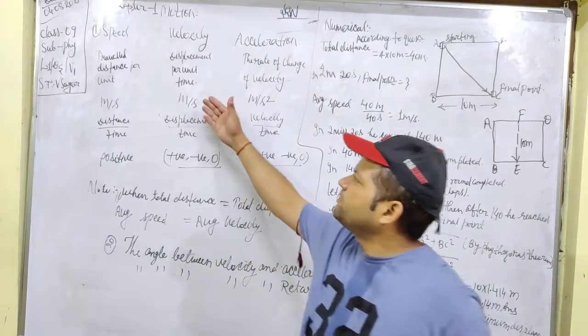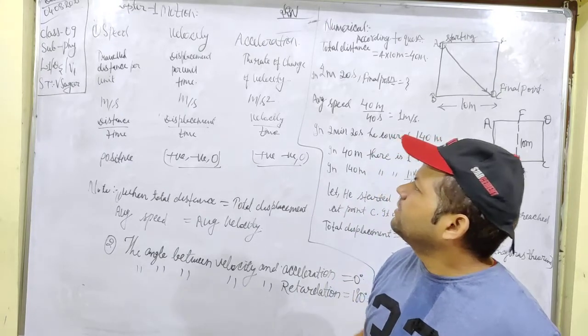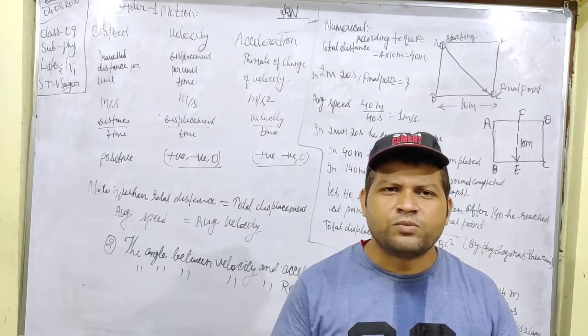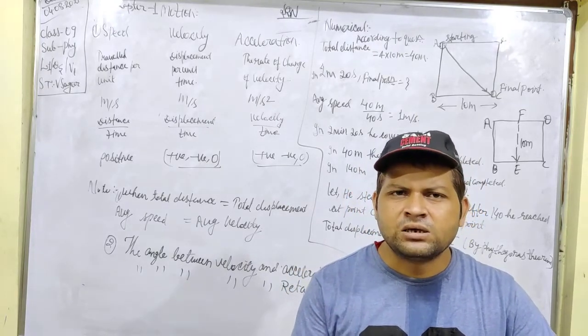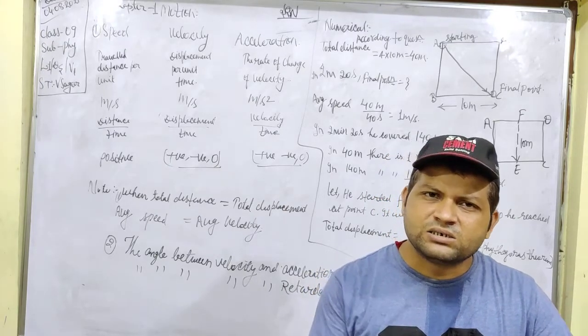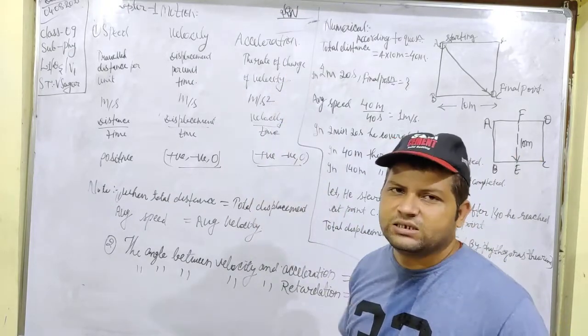Displacement per unit time is called velocity, and the rate of change of velocity, how fast the body is moving towards a fixed direction or how slowly the body is stopping, is called acceleration.